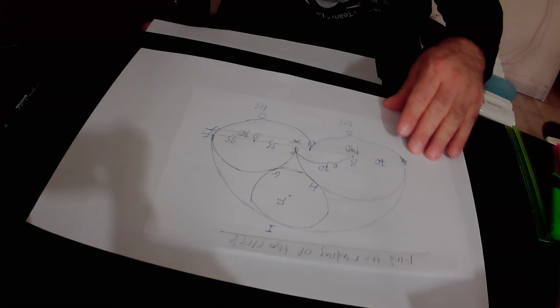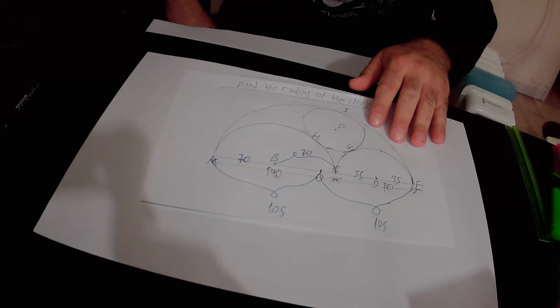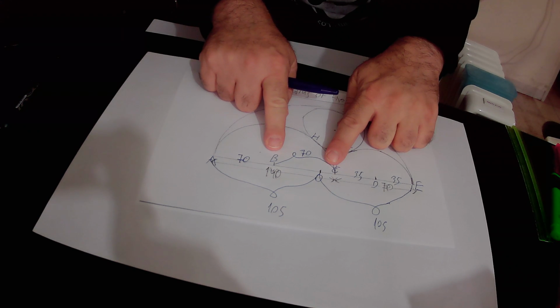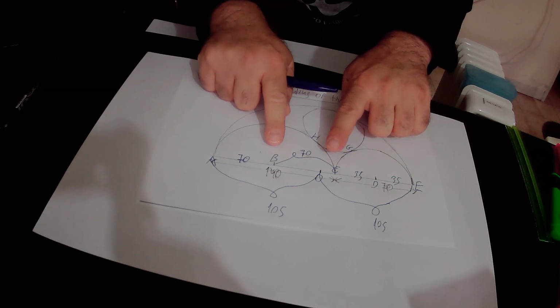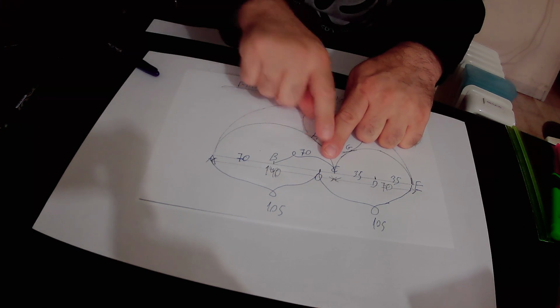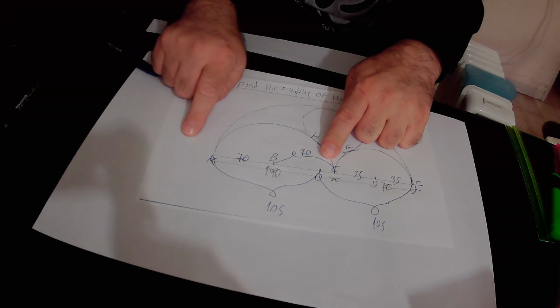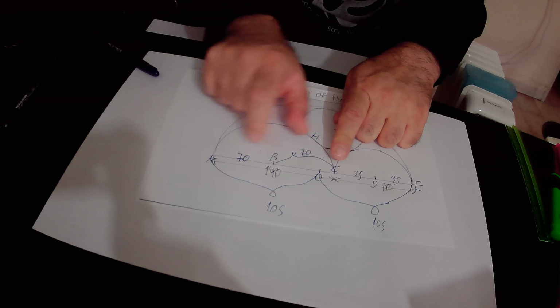In the next step, we will find out the length of line segment BO. The length of line segment BO, from the drawing it is very easy to see that BO equals OA minus BA. Again, OA minus BA equals BO.